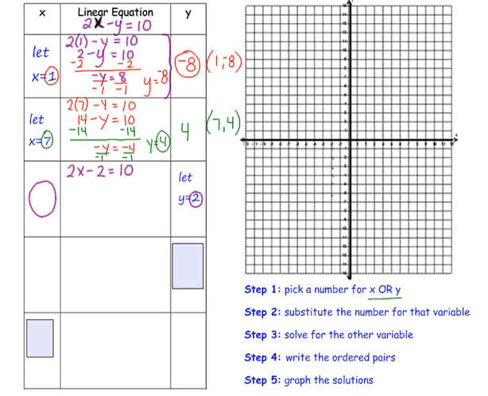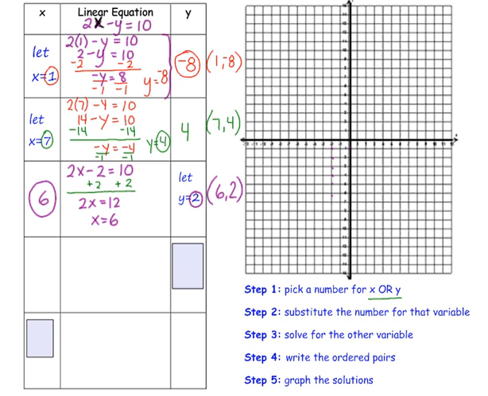Well, there is nothing to simplify, so we'll go ahead and start solving. Add 2 to both sides of the equation. Now we simplify. We get 2x equals 12 and x equals 6. When y equals 2, then x equals 6. The ordered pair is 6, 2. We have 3 solutions for this equation so far.